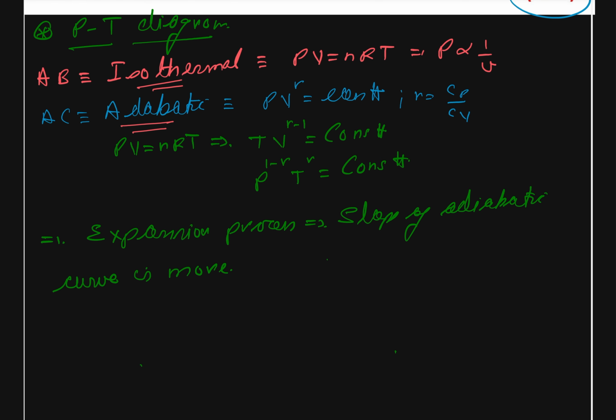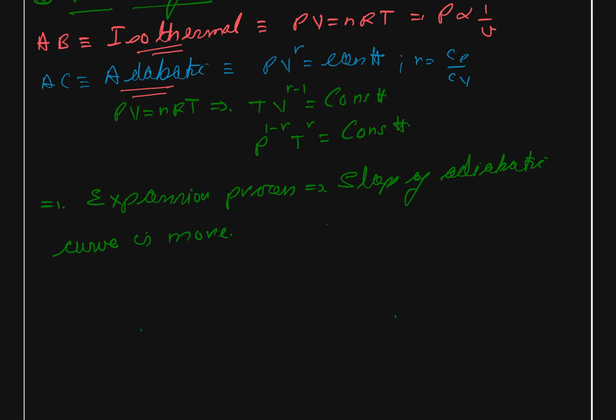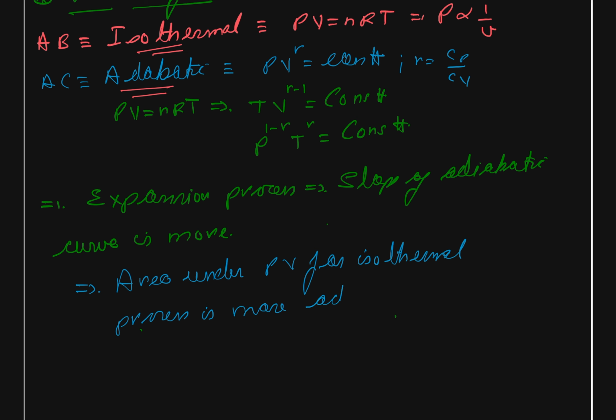Or we can also say in terms of area, we can also write that area under PV for isothermal process is more than adiabatic process for the same increase in the volume.